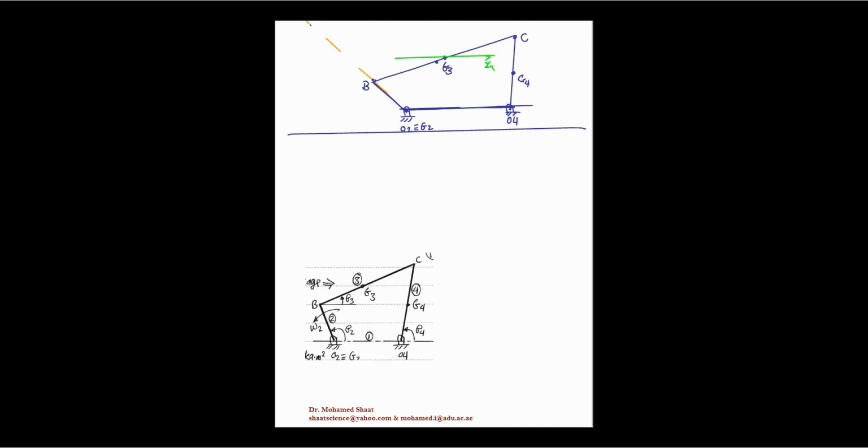Assume that this is positive x. As long as the angle is positive, we rotate counterclockwise, so you have to rotate all the way till 300. This should be the direction of AG3, but we have to measure this angle accurately.